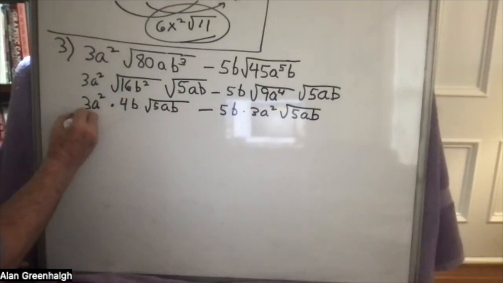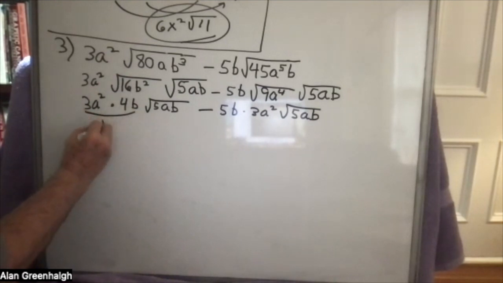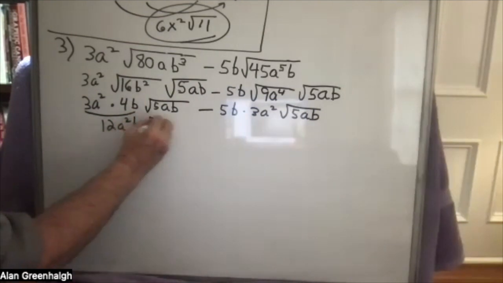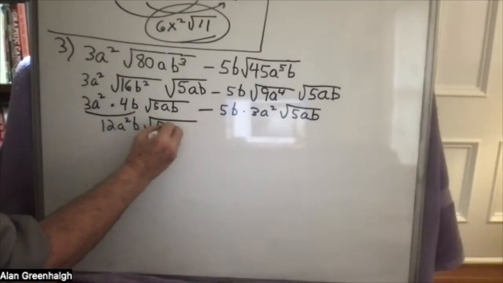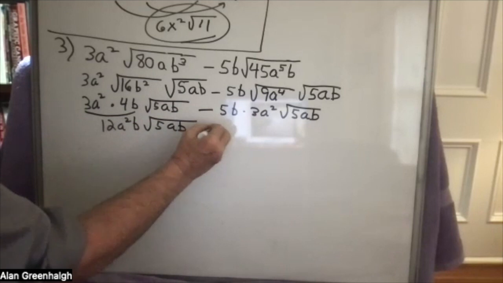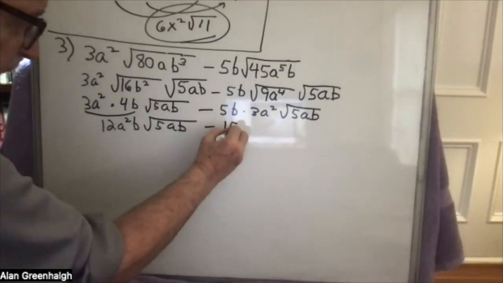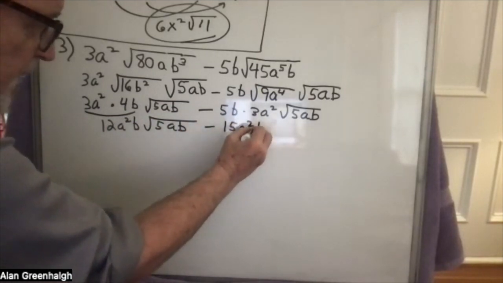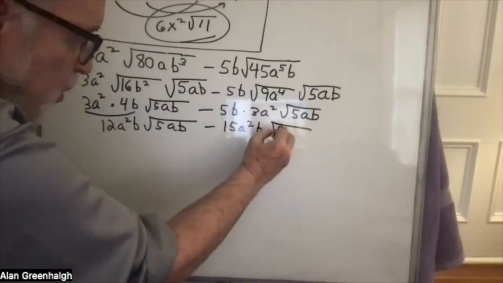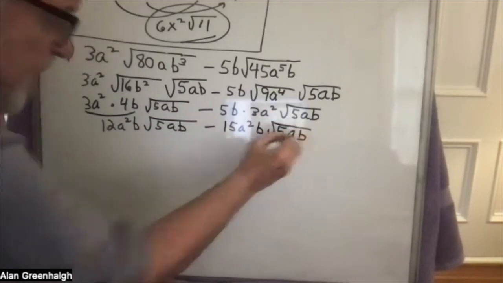And then combining these two, you get 12a squared b times the square root of 5ab minus 15a squared b times the square root of 5ab.